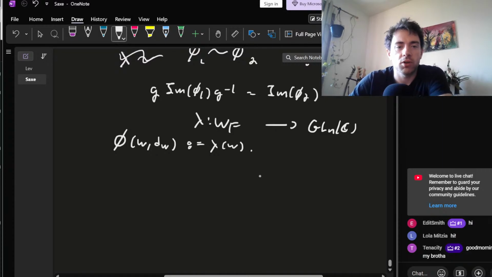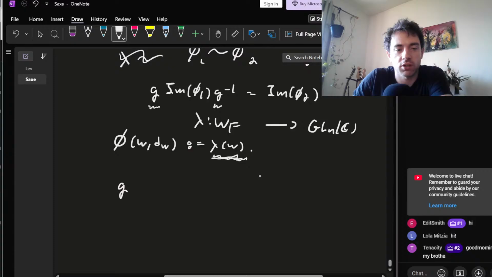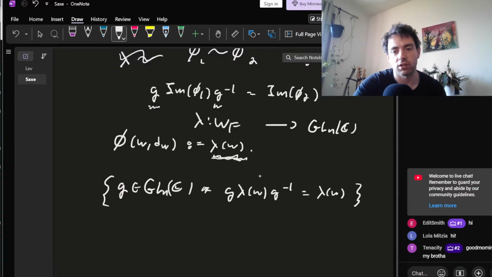Well, then I'm not allowed to rearrange. I want to be able to conjugate my Langlands parameters, but I don't want to change this thing at all. So essentially I only want to restrict my attention to those g which, if I were to conjugate this, leave it fixed. So in other words, I want to look at all of those g in G that leave lambda fixed.